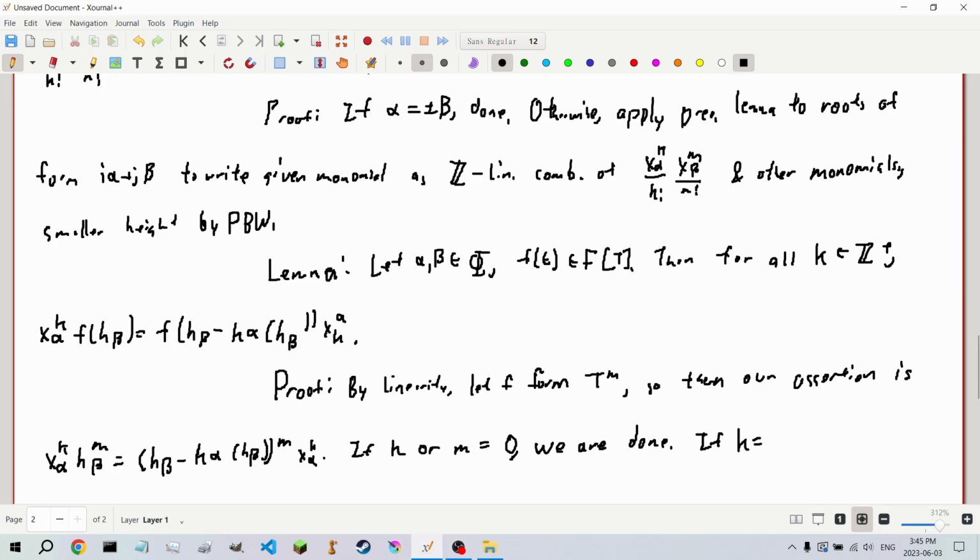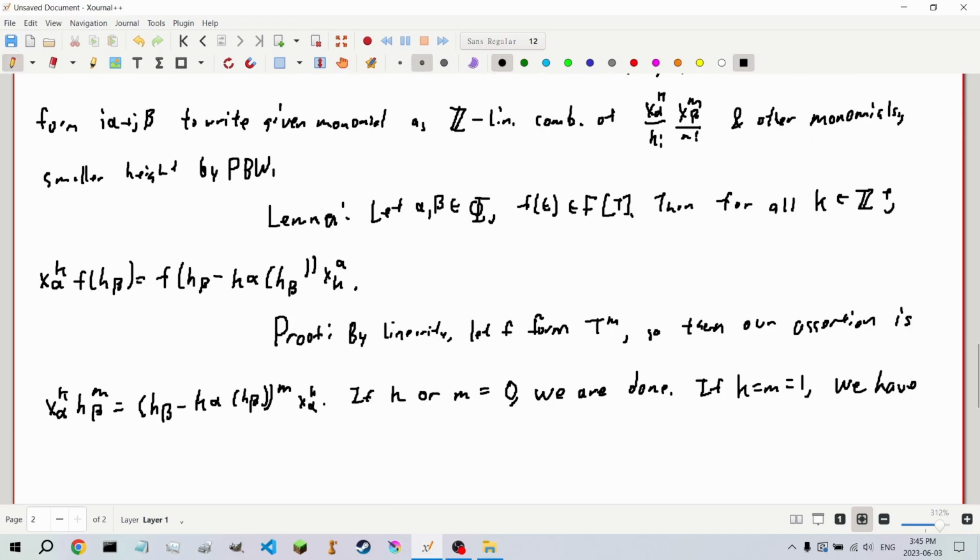If k and m are 1 as a base case, this formula becomes x alpha times h beta equals h beta, and then we're going to distribute this x alpha inside, so h beta x alpha minus k.